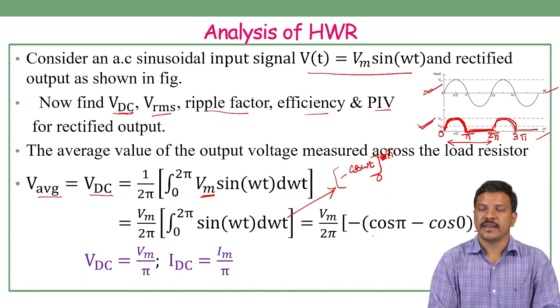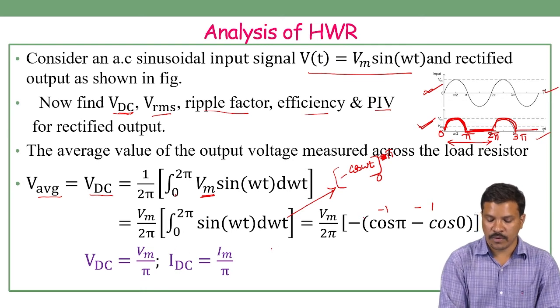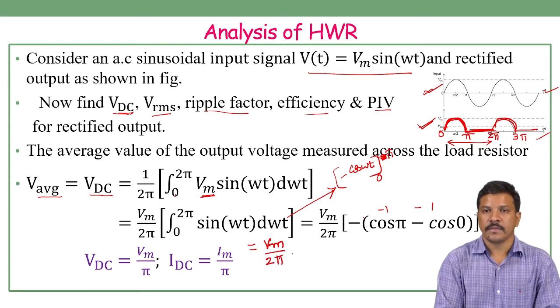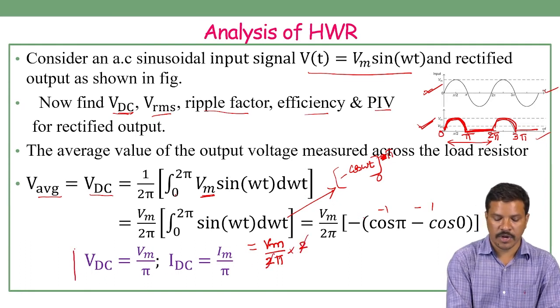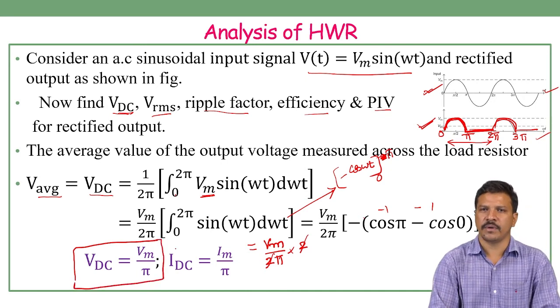Cos pi is minus 1 and cos 0 is 1, so it is minus of minus 1 minus 1, which is minus of minus 2, giving 2. You will get Vm by 2 pi into the resultant value 2. The 2s cancel, and you will get Vm by pi. Vdc is equal to Vm by pi for the half wave rectified output.